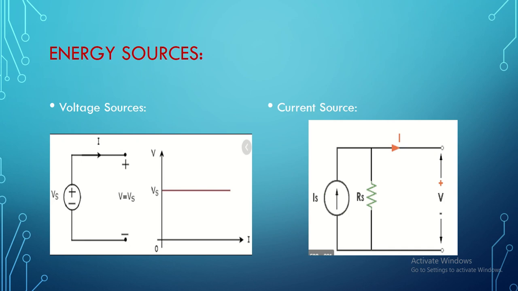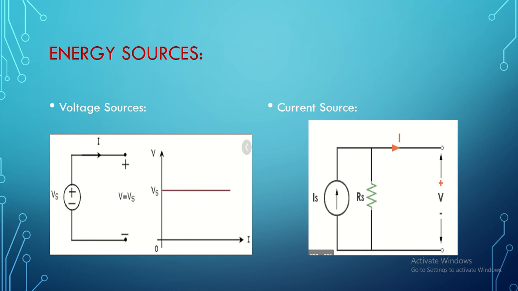Next, we see the energy sources. There are two energy sources. One is the voltage source and another one is the current source. The voltage source can be of two types, ideal voltage source and practical voltage source. The current source also has the ideal current source and the practical current source.